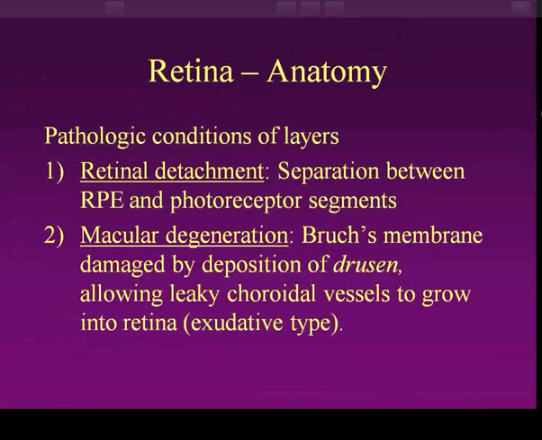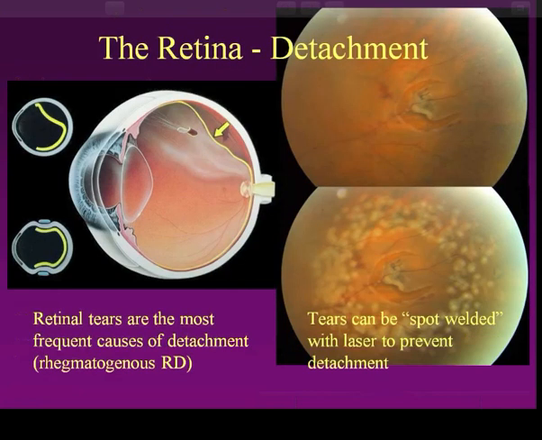Retinal detachment and macular degeneration are two of the big conditions of the eye that you should be familiar with. Retinal detachment. When the vitreous gel is firmly adherent to the surface of the retina, it can shift and pull a tear in the retina.